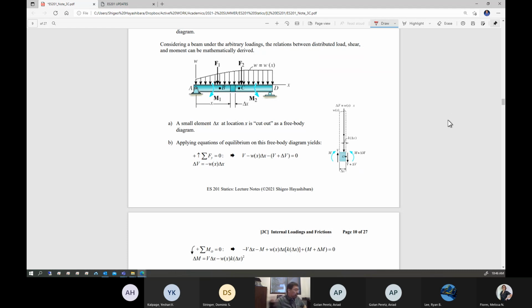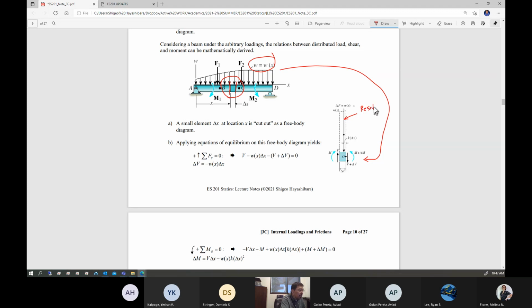At the location X, you're going to cut off a small tiny chunk of material right here. Now you expose on your left and right-hand side the shear and the moment internally developed. This is the delta X. Due to this distributed loading, you're going to develop a resultant. This is the resultant, okay?